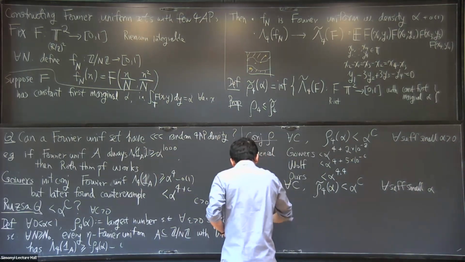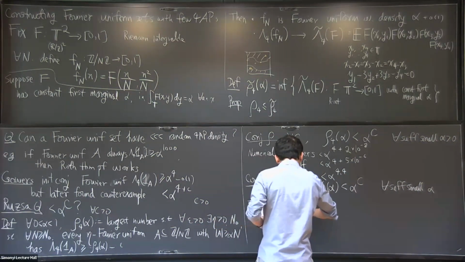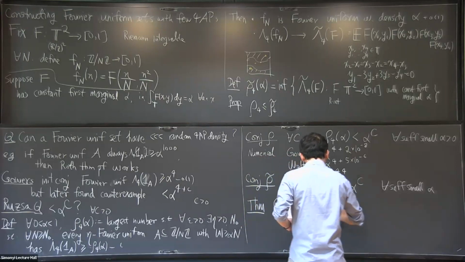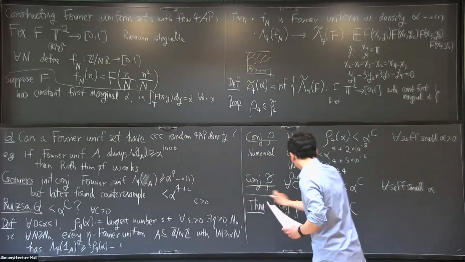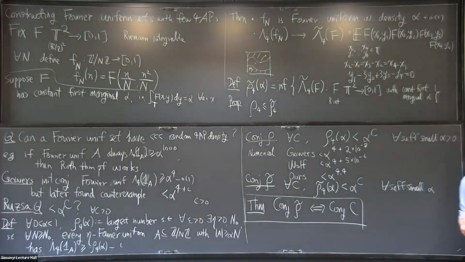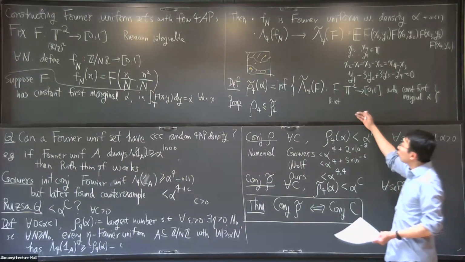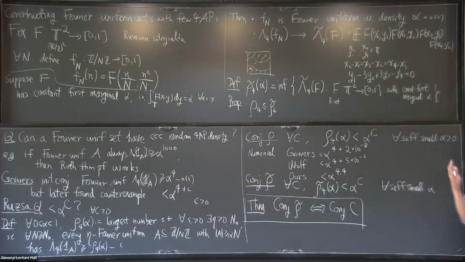And what we prove is that conjecture rho tilde is equivalent to conjecture C, this coloring conjecture. So if you restrict your construction to constructions of this very general type, then that question is equivalent to this coloring problem that we do not know how to solve.